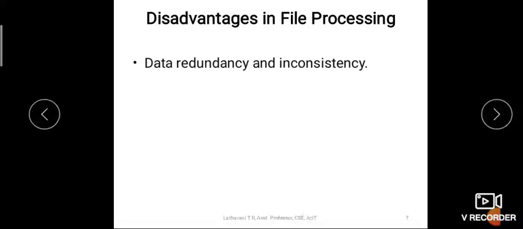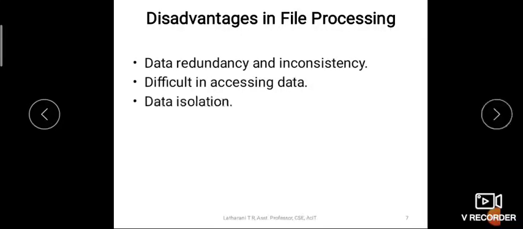If you store one type of data in one file, the same data may be stored in some other file also. There is no procedure for checking whether the data is redundantly stored in the file processing method. And it is difficult to find out in which file the data is present. There is no procedure for finding where our data is, so accessing is a problem.